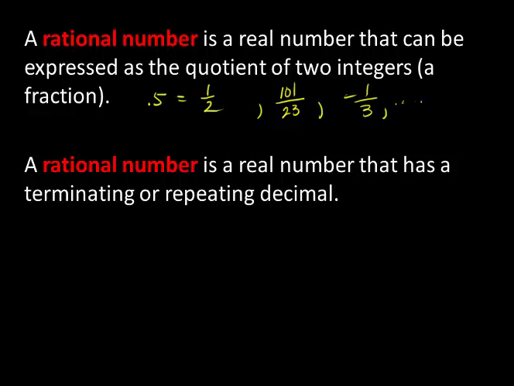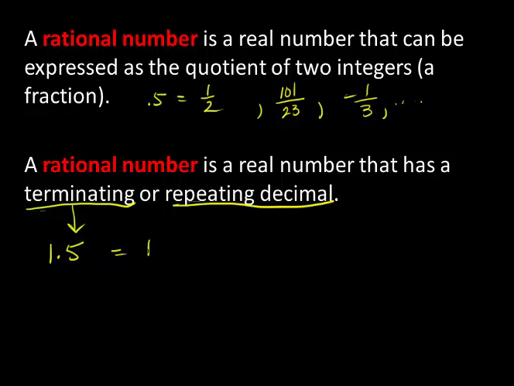Another definition is it is a real number that has a terminating or repeating decimal expansion. Now by terminating, I mean something like 1.5. If you wanted to call it a repeating decimal, you could.